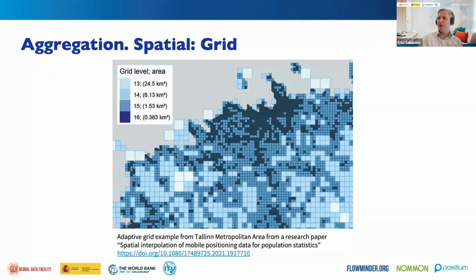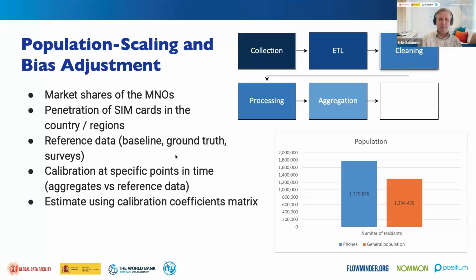Another example is that spatially you can aggregate the data into grids. So this is something here on the slide. You can see what aggregation into the adaptive grid looks like, where the grid size depends on how many people are in that area.